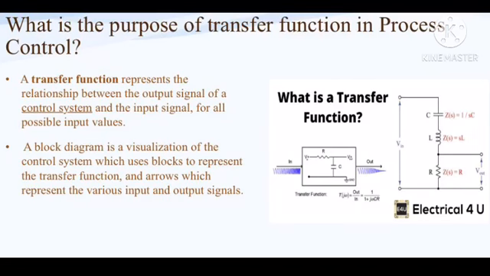What is the purpose of transfer function in process control? A transfer function represents the relationship between output signal of a control system and input signal for all possible input values. A block diagram is a visualization of the control system which uses blocks to represent the transfer function and arrows which represent the various input and output signals.